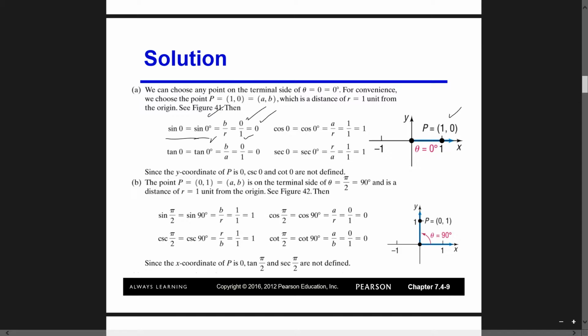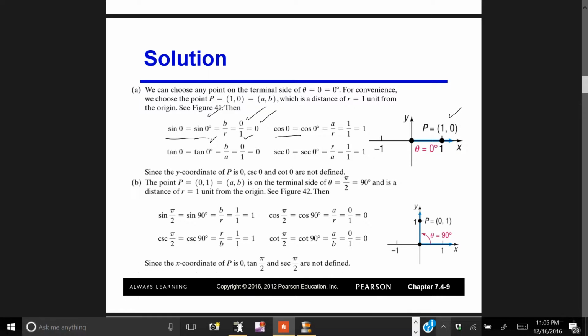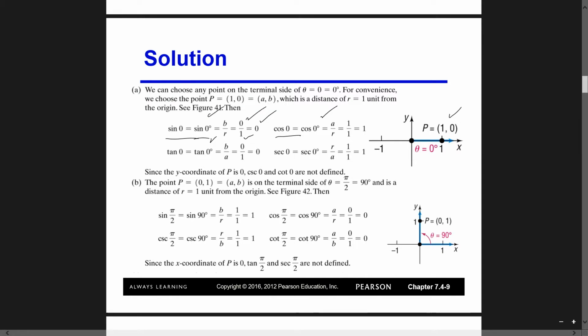So the sine of 0 degrees is equal to 0. The cosine of 0 is equal to a over r, which is 1 over 1 equals 1.